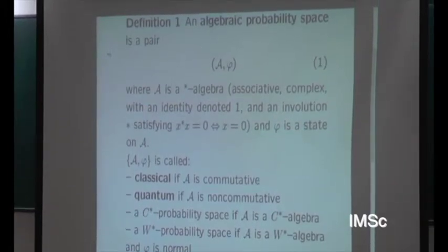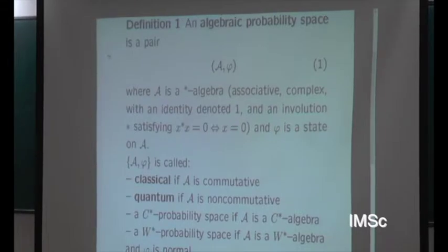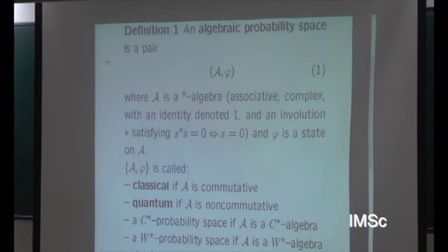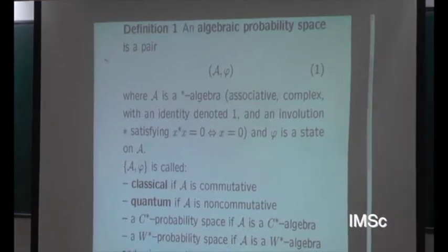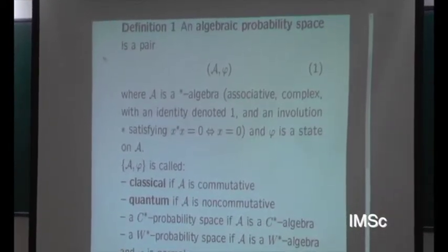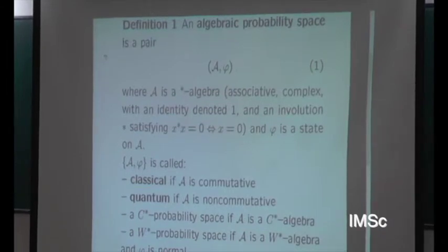So we define an algebraic probability space. This will be our context from now on. But in a moment, you will see that, in fact, in this lecture, the context will be even more general.